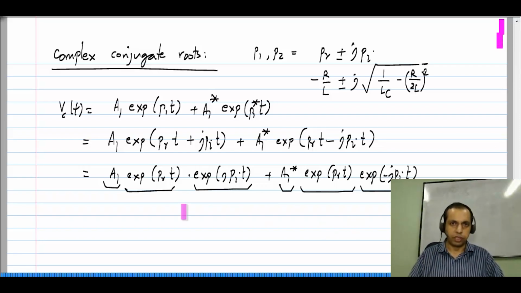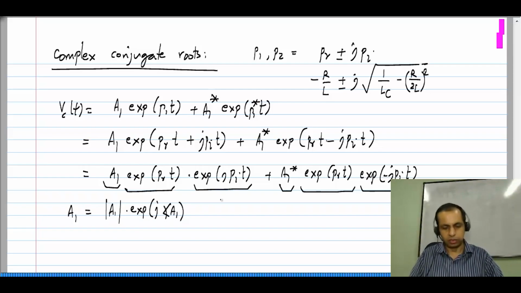Now the most convenient way to simplify this further is to represent A1 in polar form. So let's say A1 is the magnitude of A1 exponential j times the angle of A1, whatever that is.